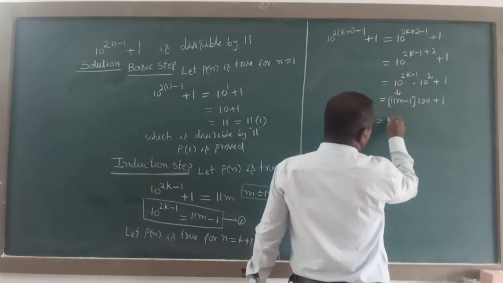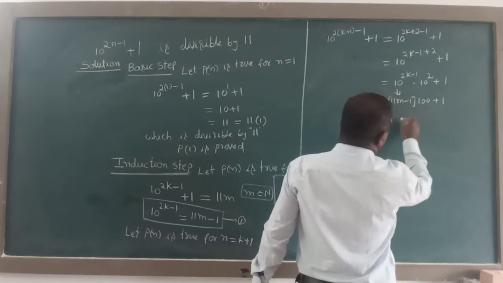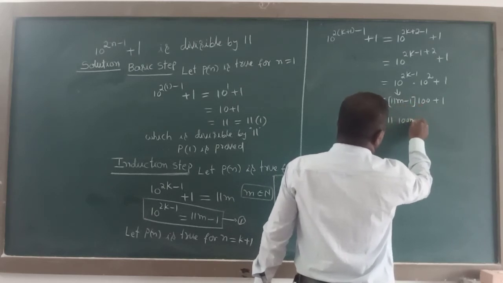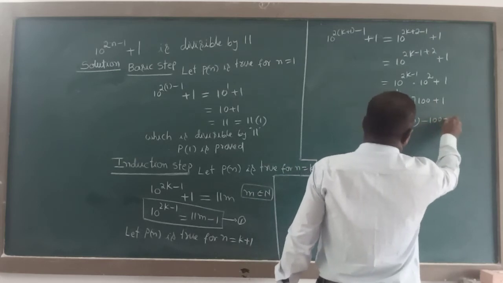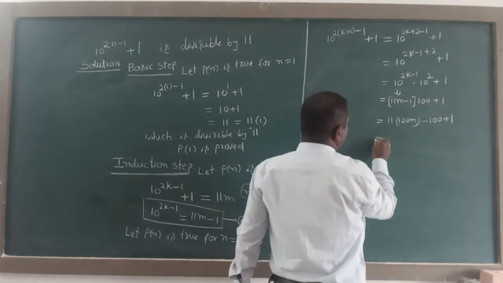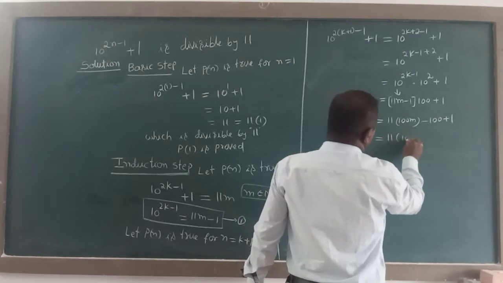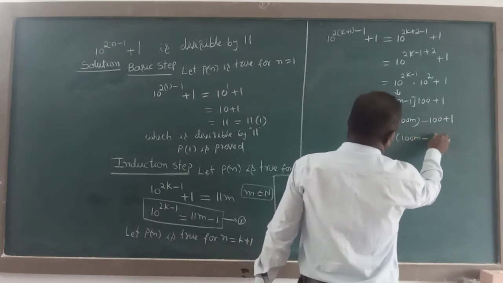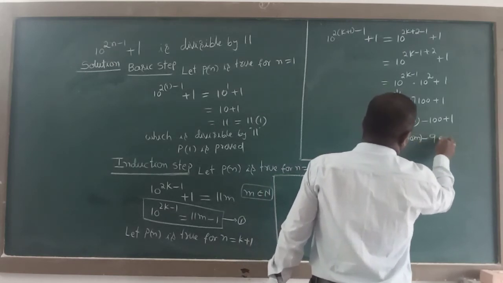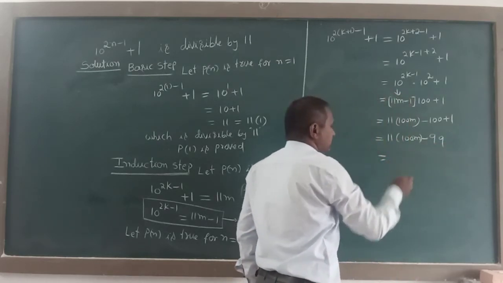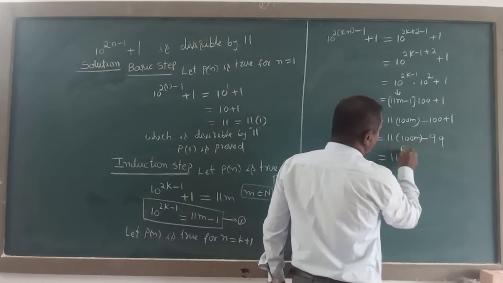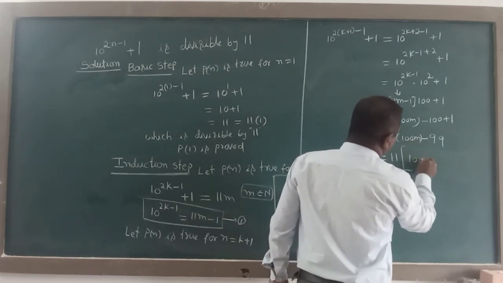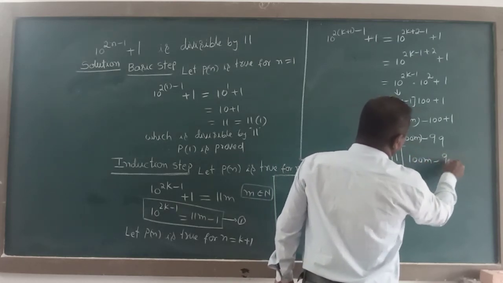Multiply with 100: 11 into m into 100 is 100m. 100 into minus 1 is minus 100, plus 1. So 11 into 100m minus 99. From these two, what can we take common here? We take 11 common, giving 11 into 100m minus 9.